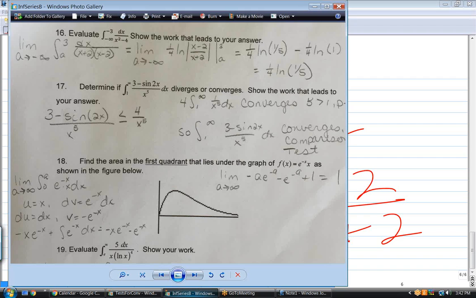And yeah, you have to use partial fractions on this. There's no way to avoid it. Whenever you see either a quadratic in the denominator or the product of some linears or even the product of linears and an irreducible quadratic, you know you're going to have to use partial fractions.